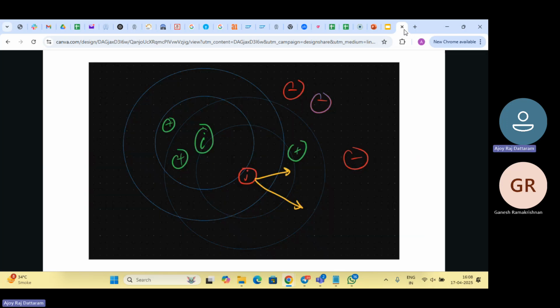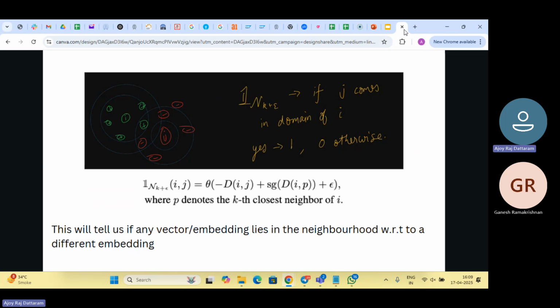Okay, so I'll explain what the mathematics is. Let's consider that there are two samples i and j, where i has its positive samples and j has the negative one. The math the paper proposed is like this: let us consider the ith sample, and I'll take the closest k samples and create a boundary out of it, and then I'll take a constant epsilon to expand the boundary a little bit more.